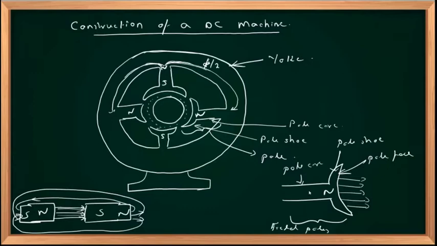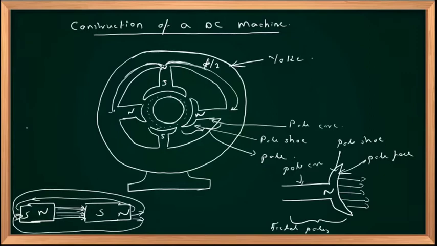Okay, so permanent magnet machines are there, but normally for higher rated machines, the permanent magnet cost will be very high. So we'll be using only electromagnets. So we'll be providing a winding over this pole core so that this pole shoe will act as a north pole or south pole. So in order to make this a north pole, in which direction do you need to wind the windings?